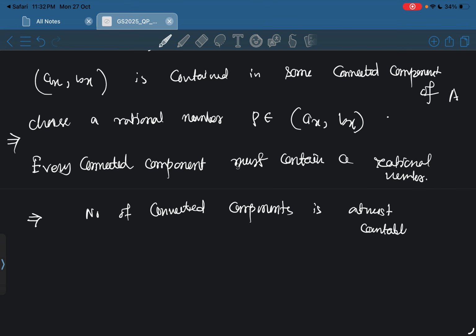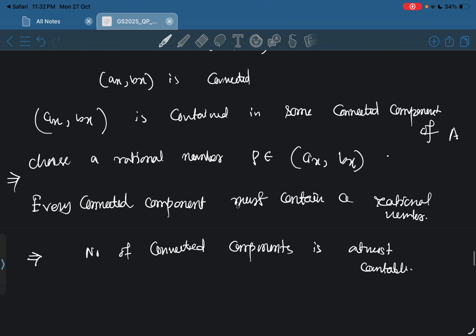So here we are using the property that A is open. If you choose any point, there exists an open interval containing that point, and that is inside A. And any open interval is connected, so it is inside that connected component, and inside every open interval you can always choose a rational number. That argument is important.